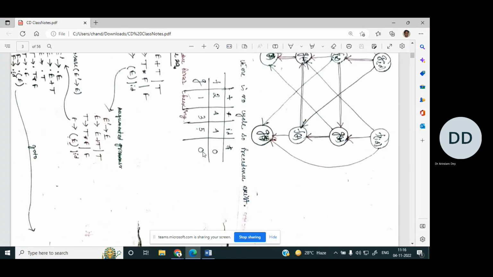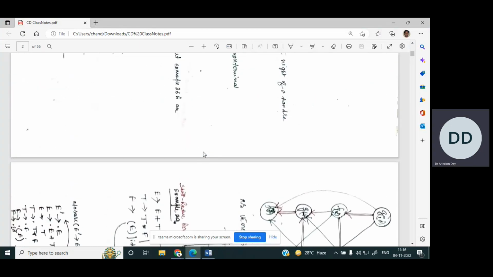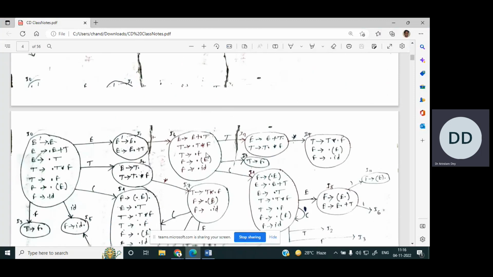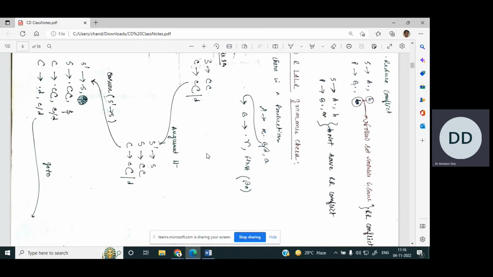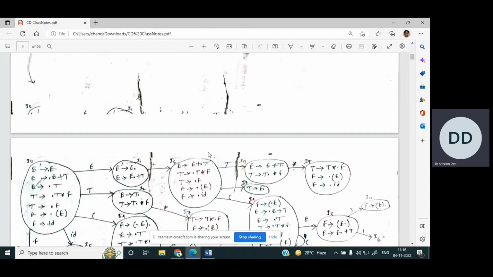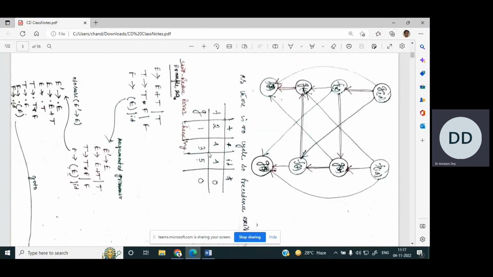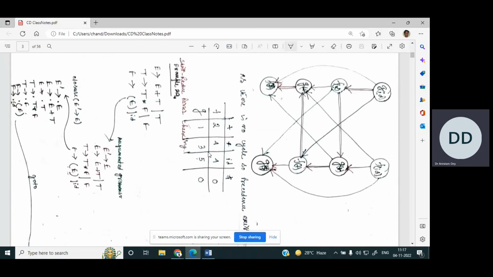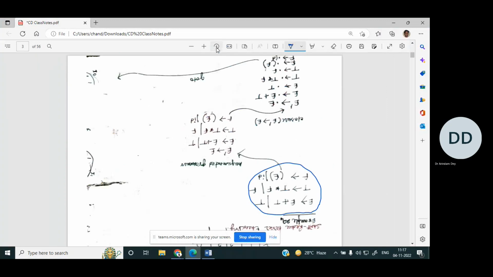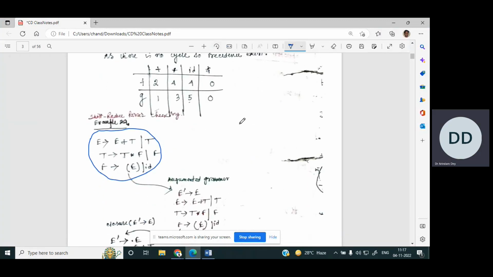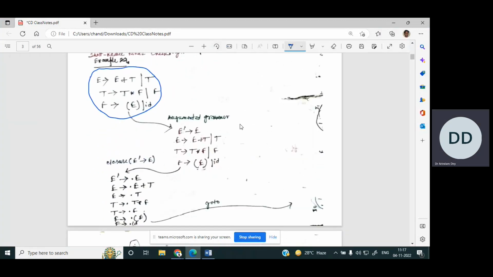Okay. So last time, I hope you can remember that we took this example. Yes, we took this example last day, this was the initial grammar that was given to you. Let me rotate this screen. So this was the original grammar given to you. After that, you perform the augmentation part.